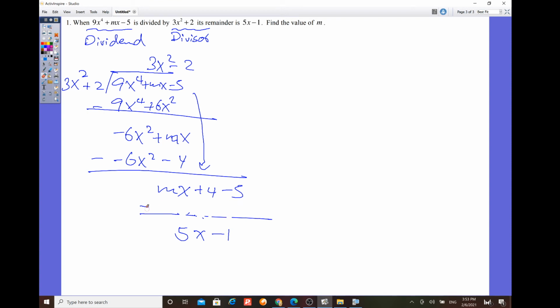Okay, so the final remainder, we just want to compare that, because this one is actually the final remainder. So it looks like m is 5. Because 4 minus 5, that would be negative 1. So bring down the mx. You just want to set the remainder equal to mx minus 1. So compare and contrast. So m equals 5.